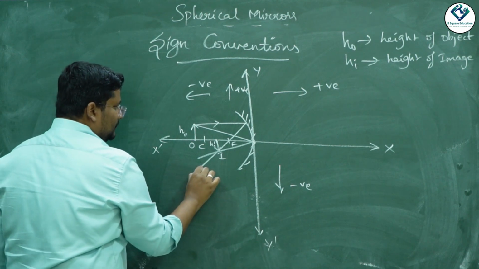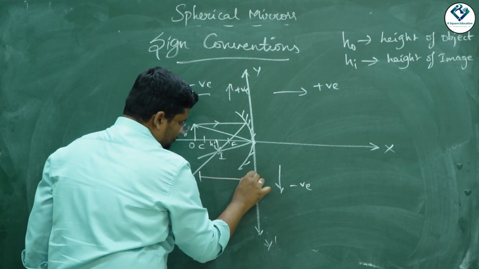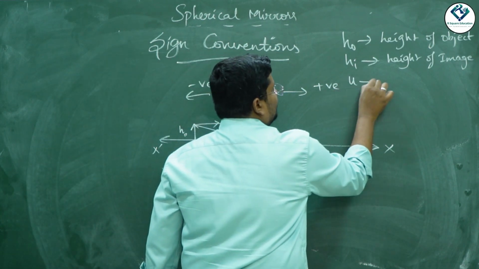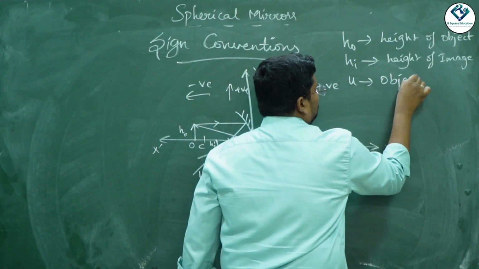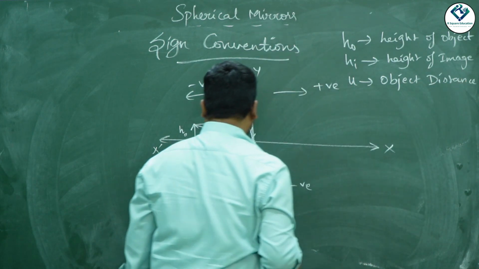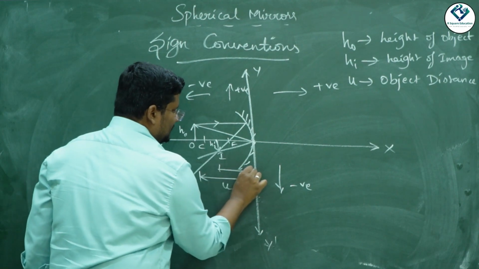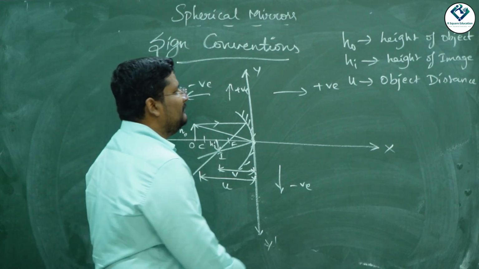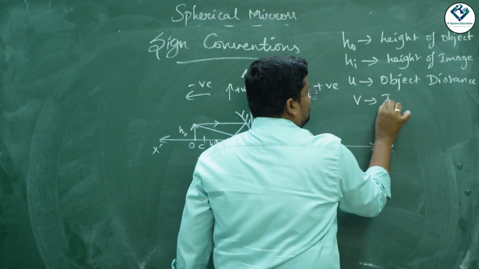The distance between the object and the pole is the object distance, U. The distance between the image and the pole is V, which is the image distance.